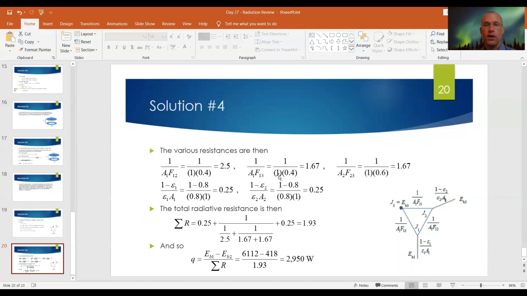Then A1 F13: A1 is 1, F13 is not 0.4, it's 0.6. So 1 over 0.6 gives me 1.67. Between object 1 and the room, this is 1.67, and for A2 F23, between object 2 and the room, also 1.67.